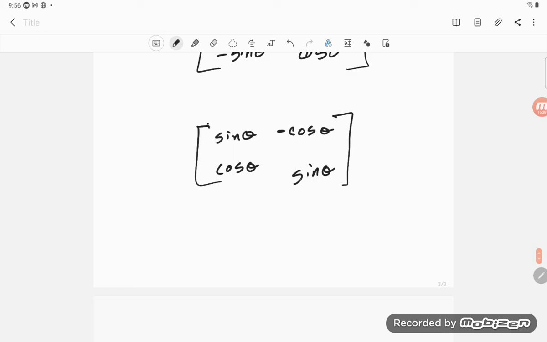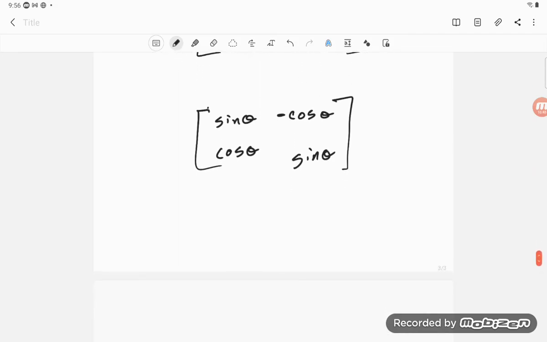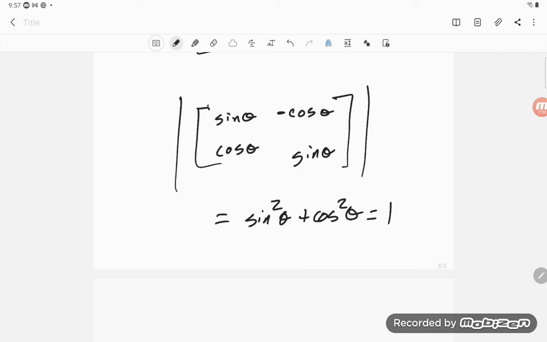Let's look at the determinant here. This will work because the diagonals either had to be the same or it would not work. But notice I could do it this way, because the determinant of this matrix is sine squared theta plus cosine squared theta, which is 1. So we've got the proper determinant.